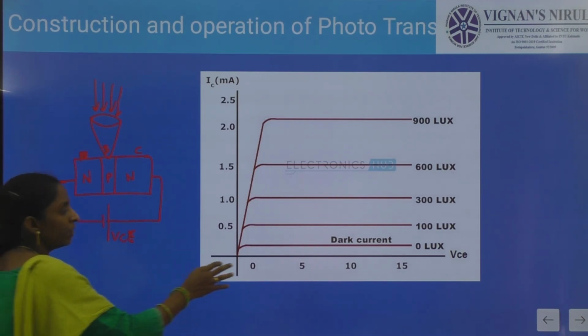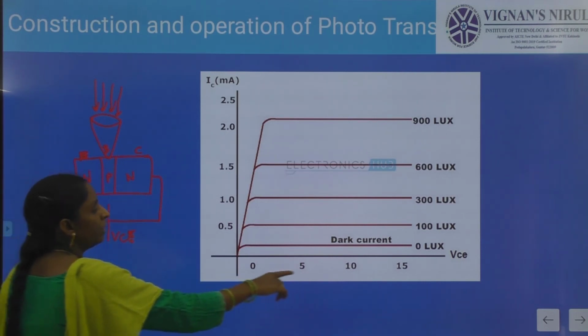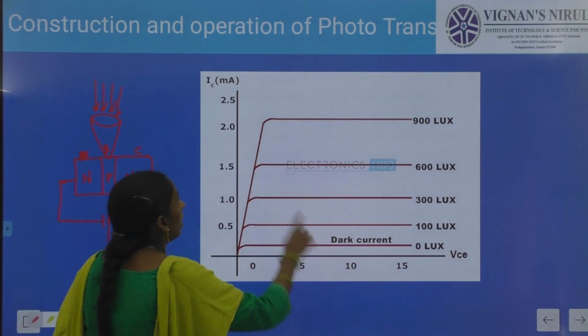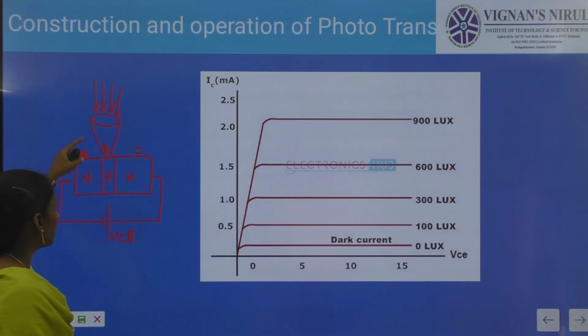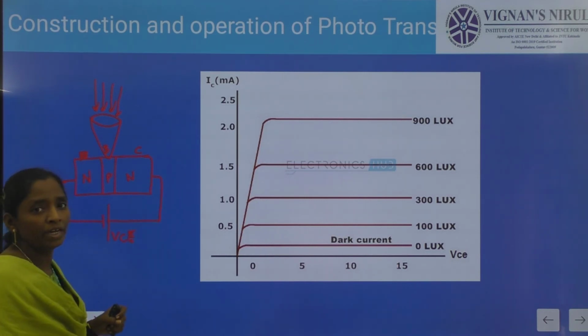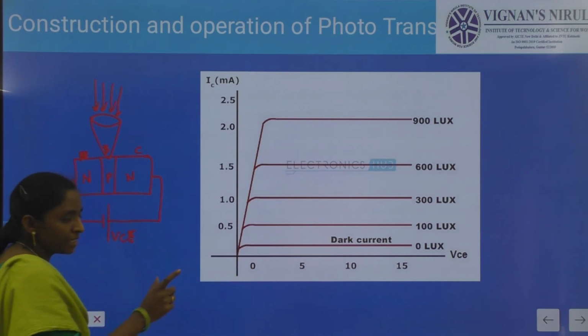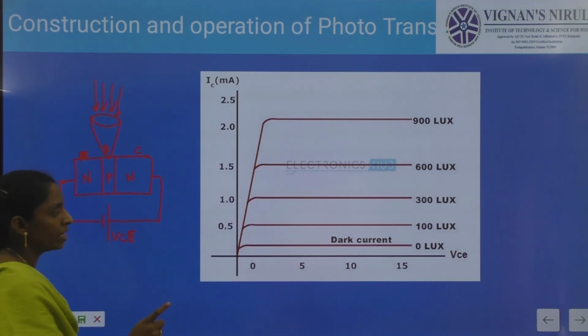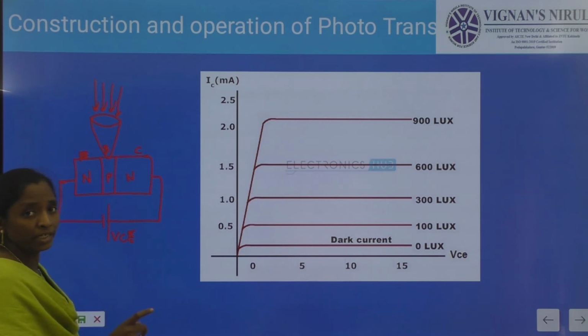Here in the curve, this is the graph between voltage VCE and current IC. Without light there is a current flow. That current is known as the dark current. The current is due to minority charge carriers.